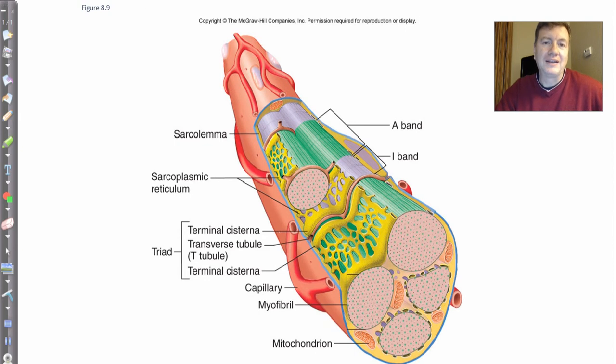It's a modified endoplasmic reticulum, but it's going to be a modified storage site for calcium inside of a muscle fiber. If there's a stimulus that excites this muscle fiber, then you'll see a chain reaction that will happen, which will include calcium flooding out of the sarcoplasmic reticulum and now being available to bind to troponin.